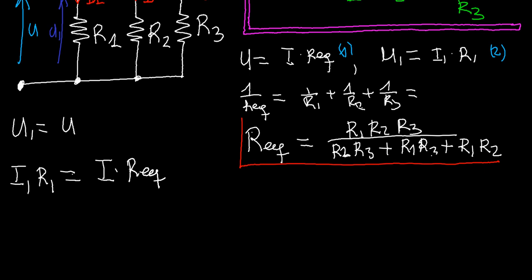And we set it like this. We will have I1 will be equal to R equivalent on R1 times I. We have not changed anything.